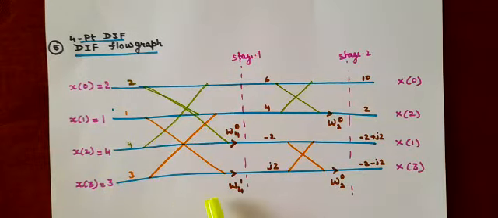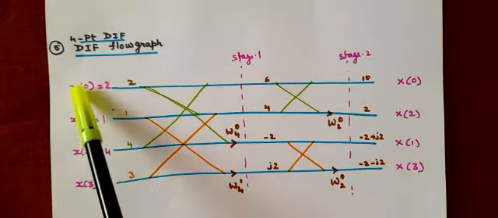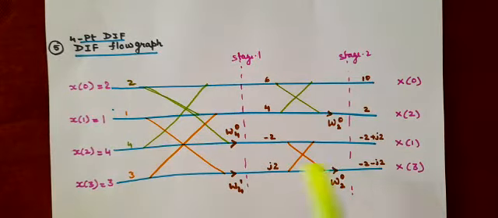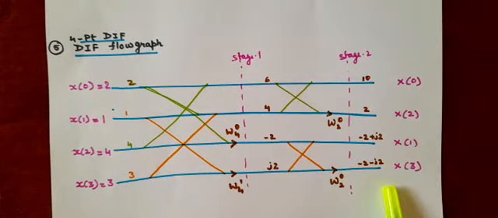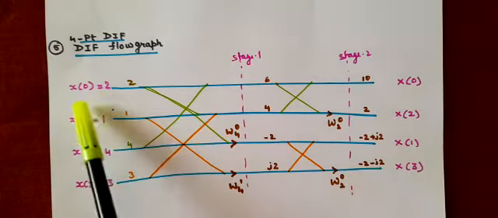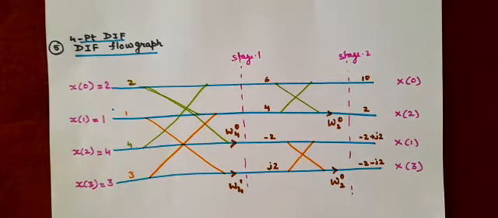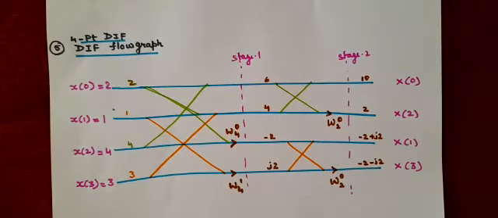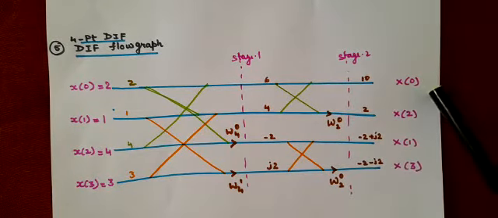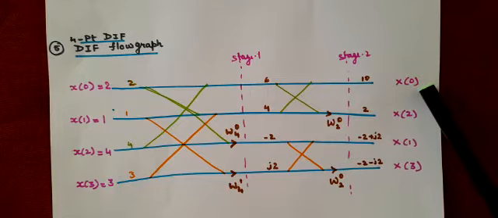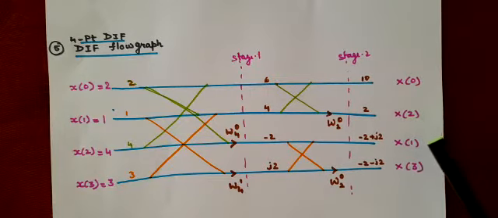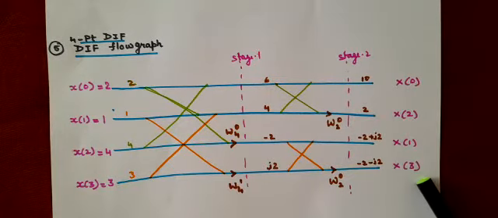This is a 4-point DIF flow graph. The inputs are designated by small x and the output variables are designated by capital X. Input is in the natural order, x of 0, x of 1, x of 2, x of 3, and output is in the bit reversal order, capital X of 0, capital X of 2, capital X of 1, capital X of 3.